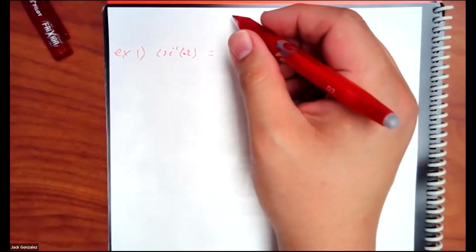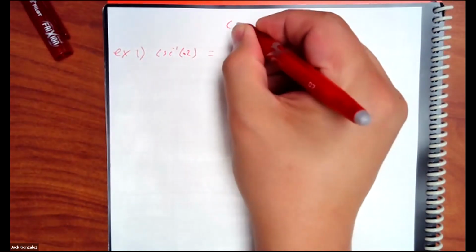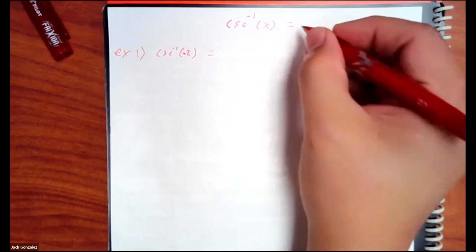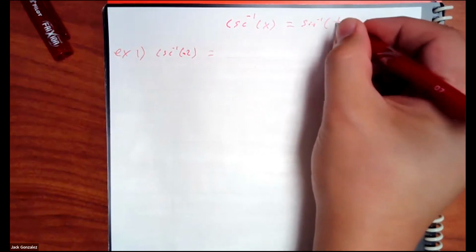Yeah, I think the property we can use is the cosecant of negative x is equal to sine inverse 1 over x.